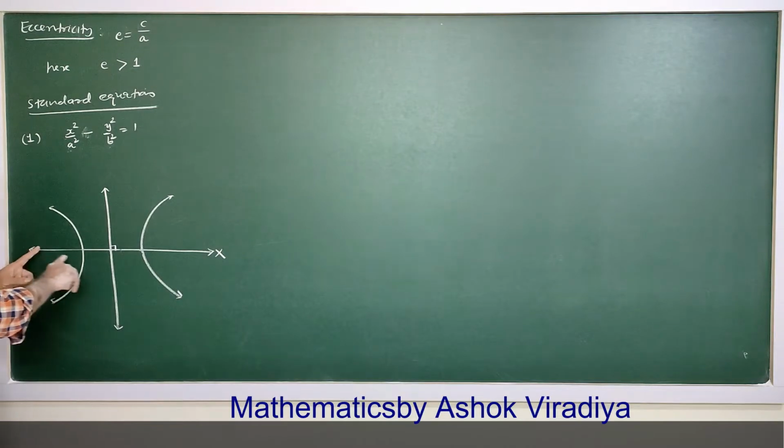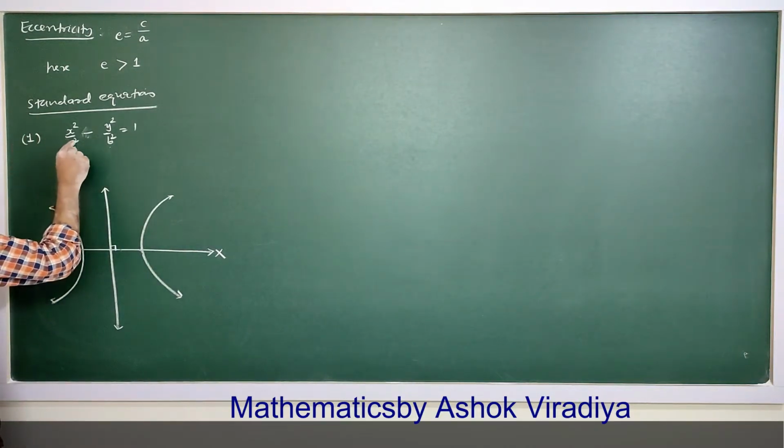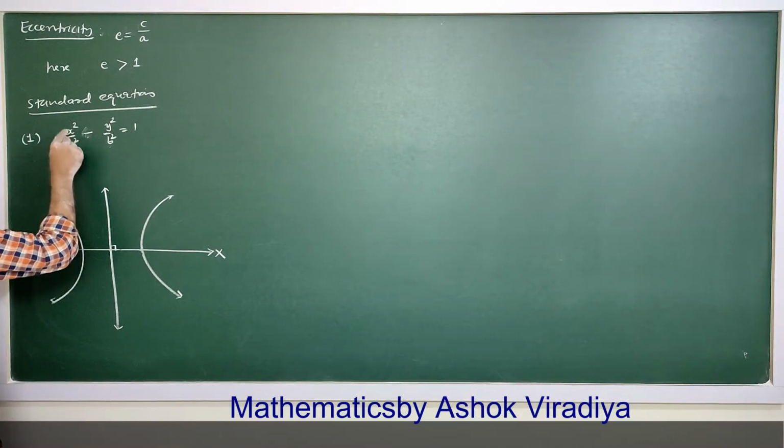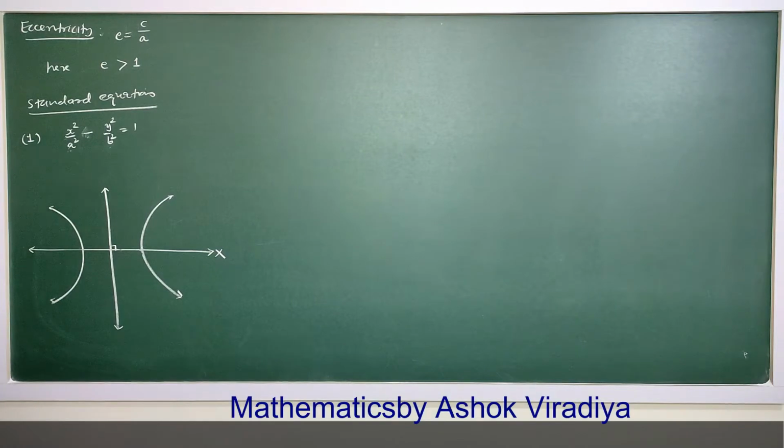Remember the number below x square, call it a square. For y square keep a negative sign, because here the conjugate axis is along y-axis.